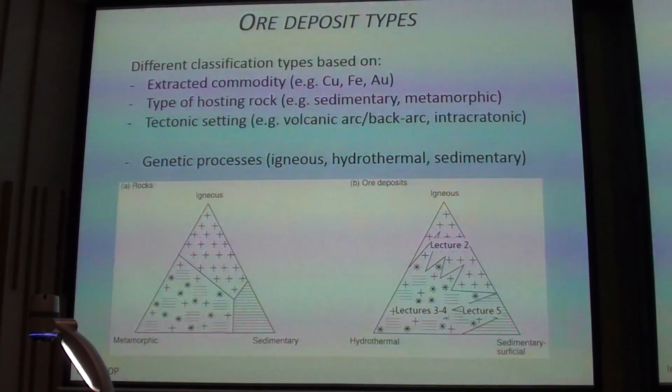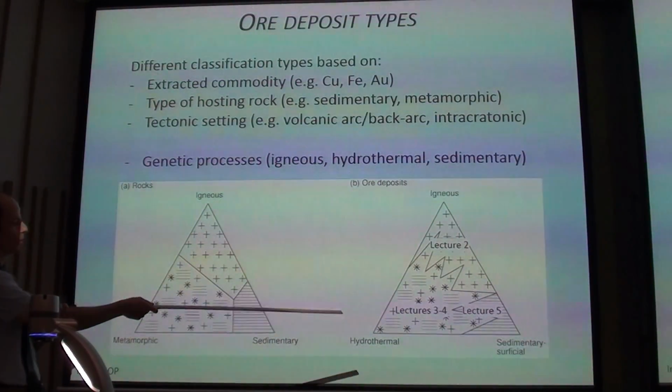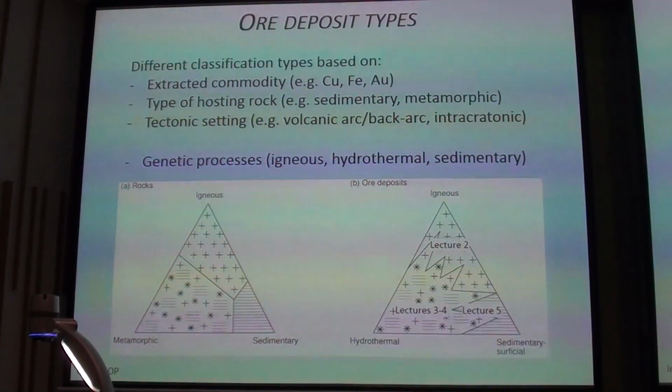What we will be focusing on during this series of lectures will be the genetic processes. As you all know, the three main rock types are igneous, metamorphic, and sedimentary. Likewise, ore deposits can be grouped as igneous, hydrothermal, and sedimentary or superficial. And these will be treated in lectures 2, 3, and 4, and 1.